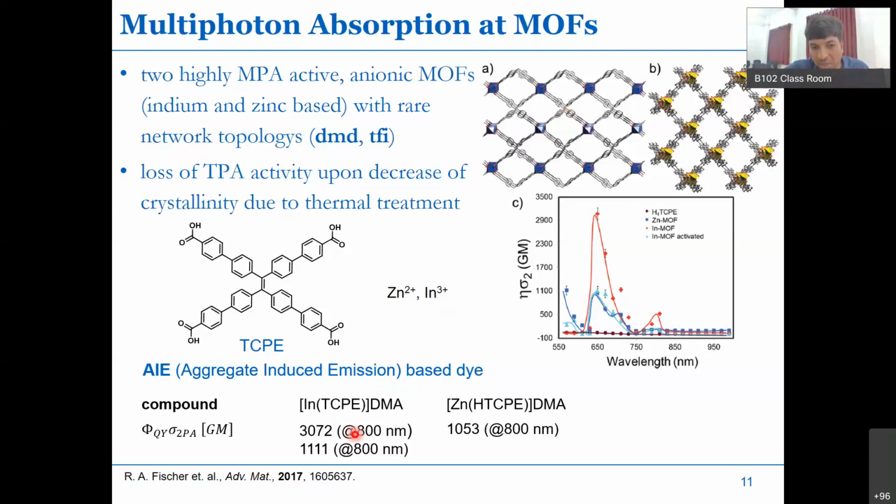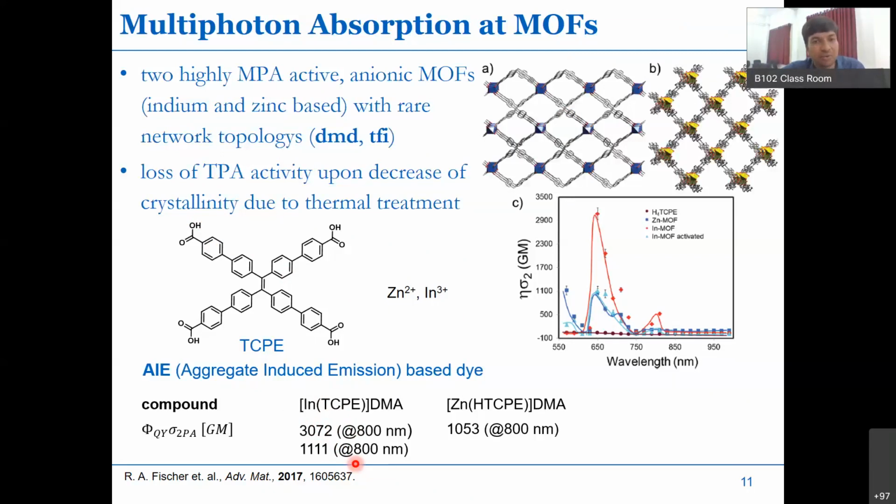You see here, when it is a framework structure, very highly crystalline, it is almost 3000 Goeppert-Mayer. Once it is converted into the amorphous form, there is a loss of TPA activity upon decreasing the crystallinity, where we are removing the solvent, and it is almost three times lower than the value of the crystalline structure. This is very interesting.